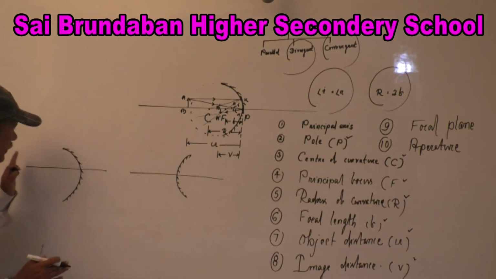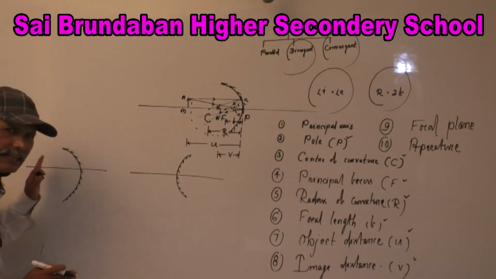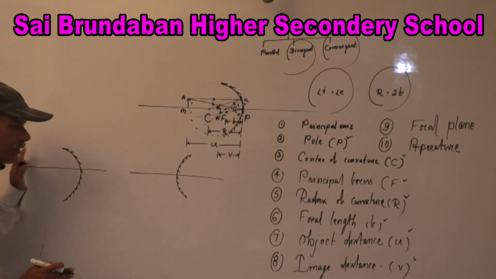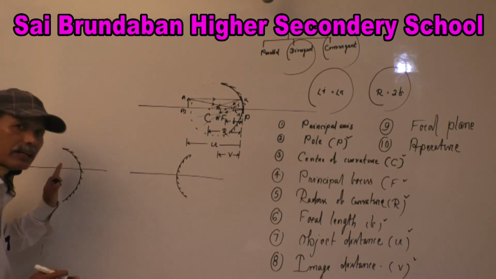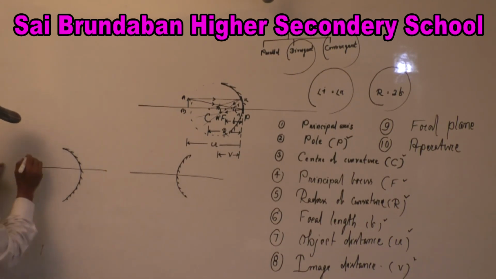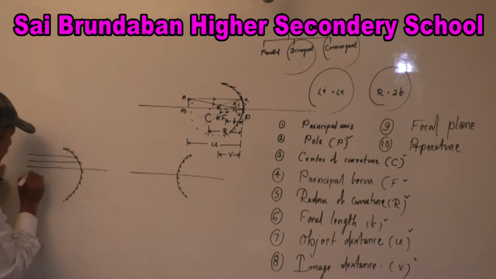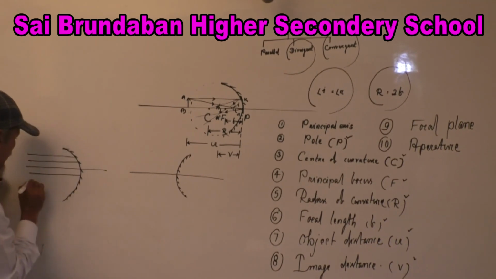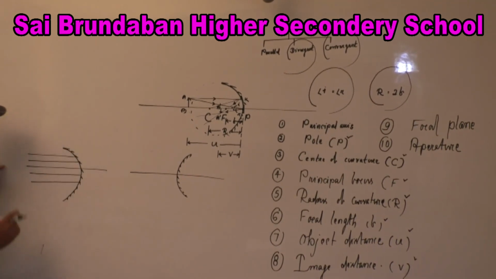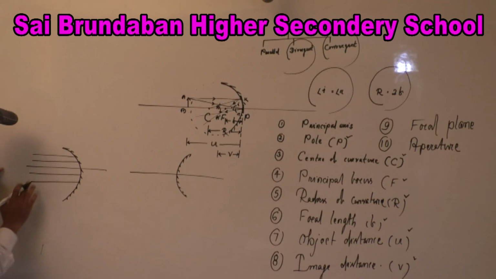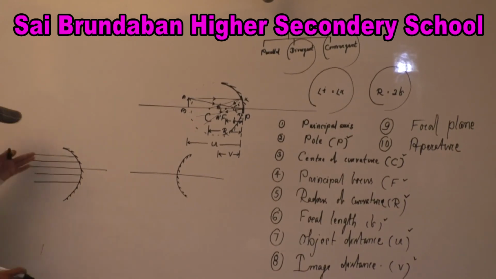The incident ray comes from the object in front of the reflecting surface. So now, these are the incident rays.